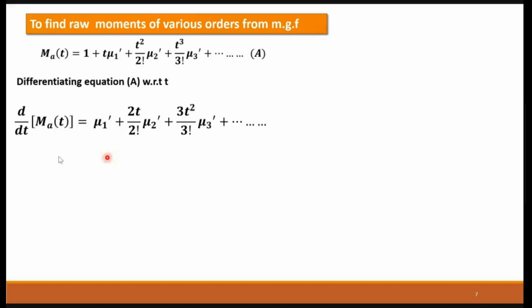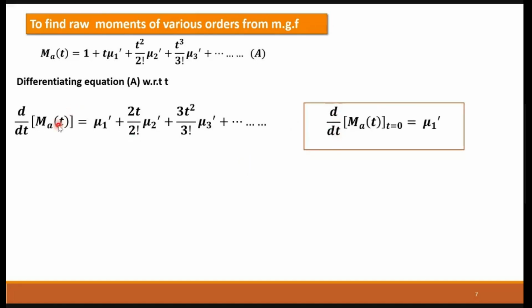अगर हमें ये पूरे equation में से μ1 dash चाहिए तो we can put t equal to 0. So we have to calculate now d by dt of M_a of t at the point t equal to 0.